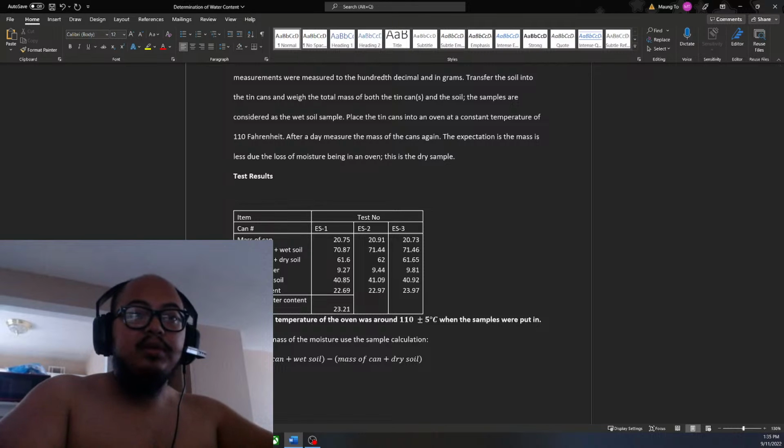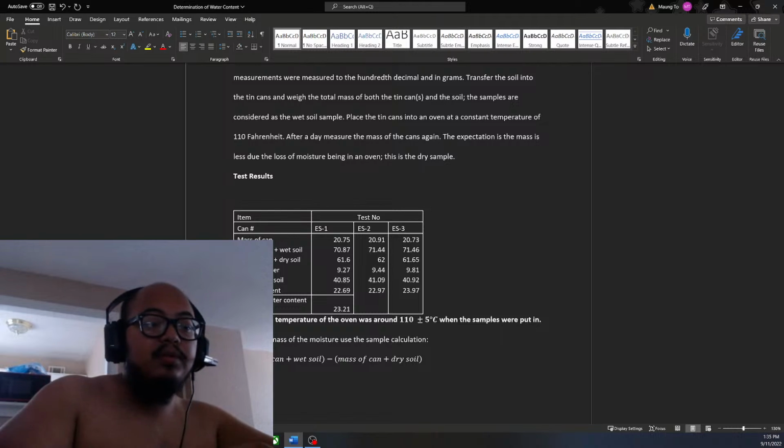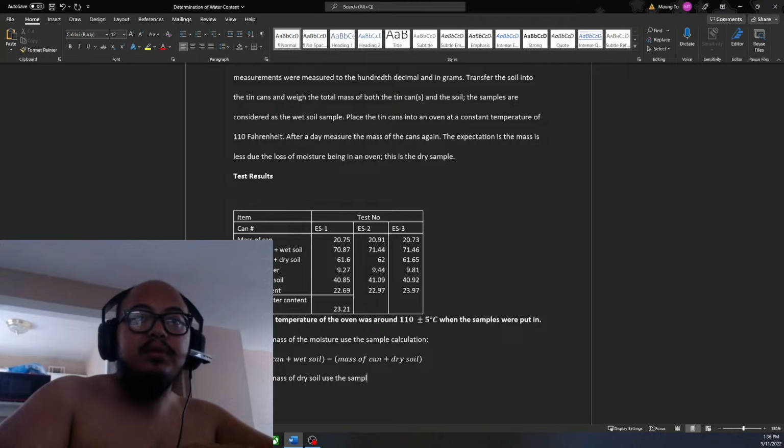To find the mass of dry soil, use the sample calculation.